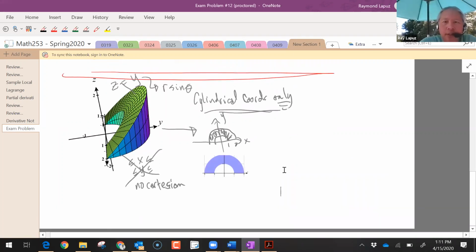So your z is still going to be from 0 to y, which is r sine theta. But then your r is going to go from 1 to 2, and then your theta is going to go from 0 to pi.